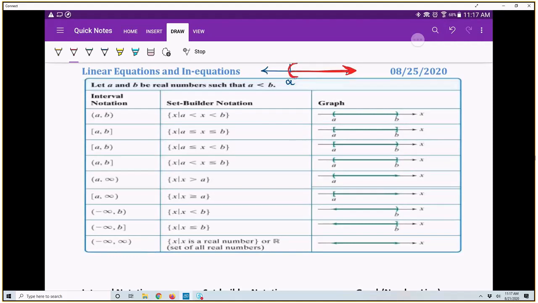If I'm not including a, then I use a parenthesis. If I am including a, then I use a square bracket. Or going in the other direction, you might be starting at some point a and taking everything smaller than a all the way down. And the same question, am I including a? If so, square bracket. If not, parenthesis.